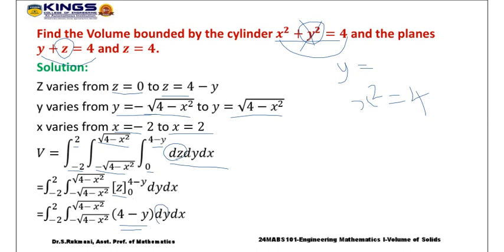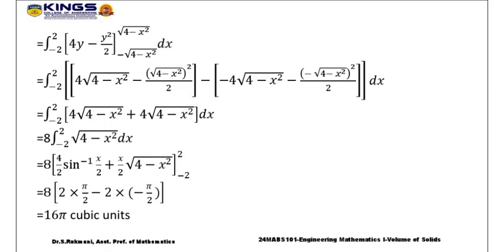Next integrate with respect to y. So if we integrate this 4 minus y with respect to y, what becomes? 4y minus y squared by 2. So substitute the limit for y, that is minus root of 4 minus x squared to plus root of 4 minus x squared. So instead of y, we are substituting upper and lower limits.